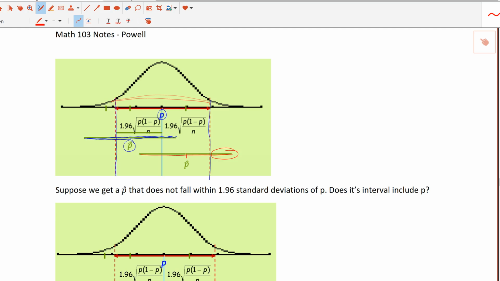So we could get an interval that doesn't include P, right?